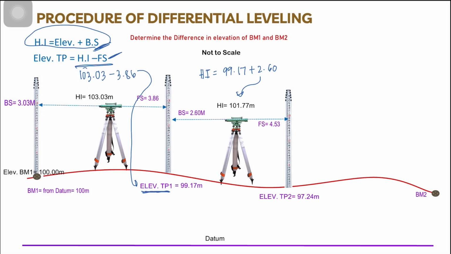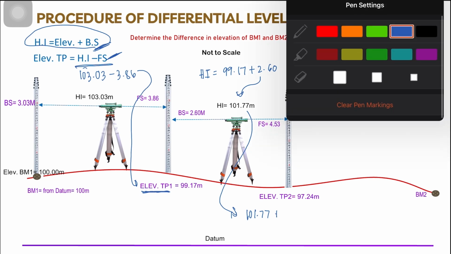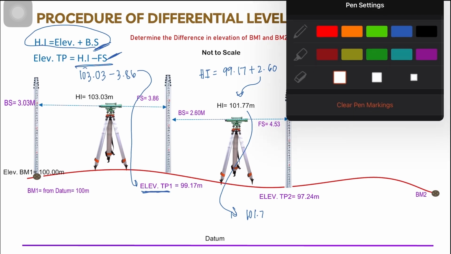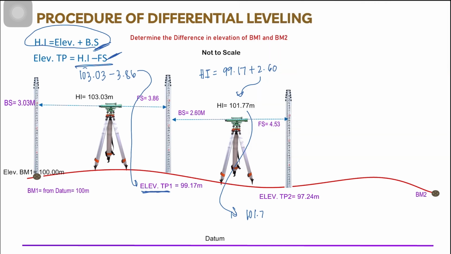Then to get the elevation of turning point 2, use this formula. The height of instrument, 101.77, minus the foresight of 4.53 equals 97.24 meters.